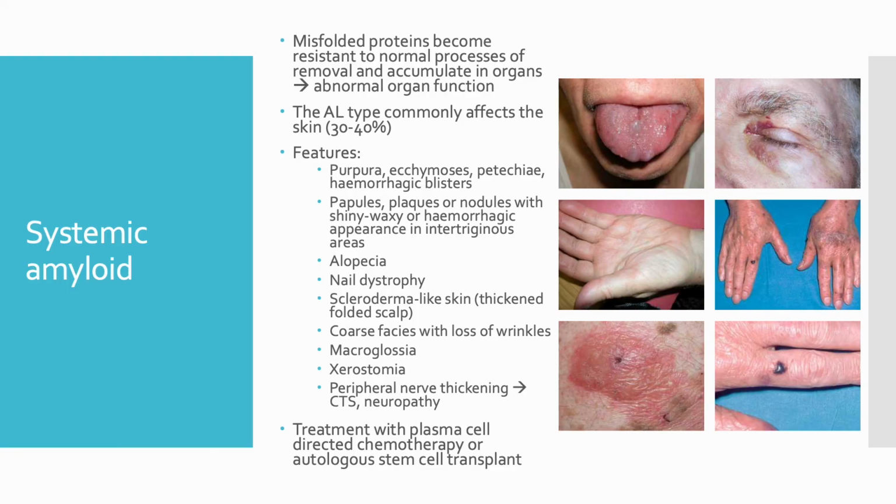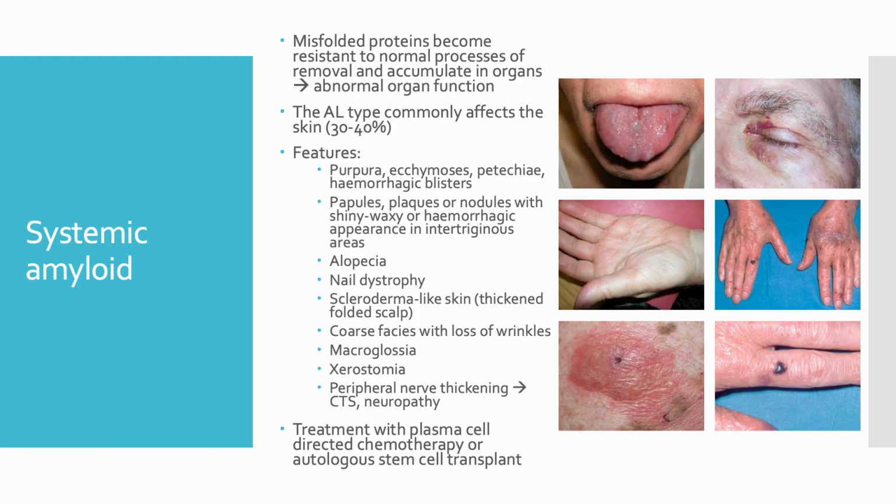The amyloid deposit is laid down in the tongue, so this produces macroglossia. Amyloid underneath the flexor retinaculum can produce particularly median nerve compression, producing carpal tunnel syndrome. Again, amyloid under the skin can produce a blistering, which is usually hemorrhagic, particularly, as I say, around the eyes and also on the fingers.